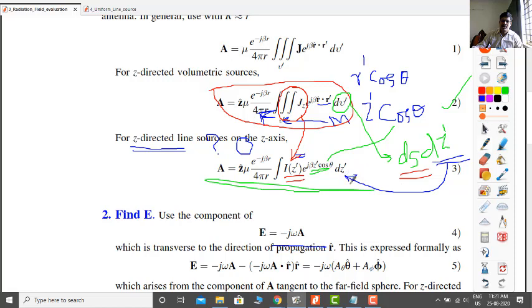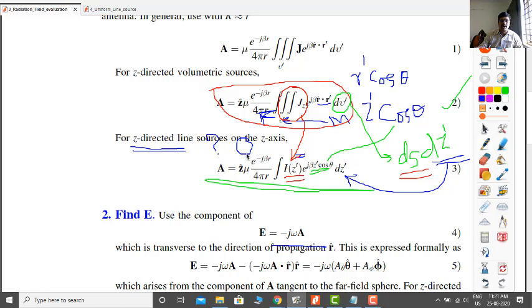So this volume integral becomes a contour integral or single integral in the case where the source current flows along the Z axis, or only along one direction. Here we have taken that direction as the Z axis.